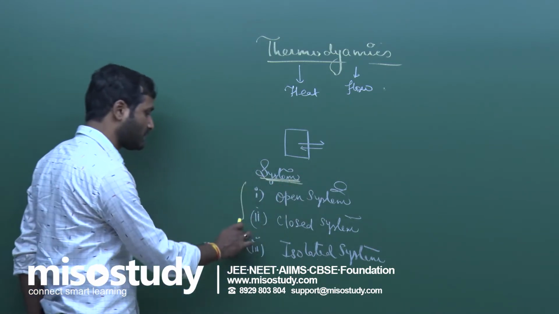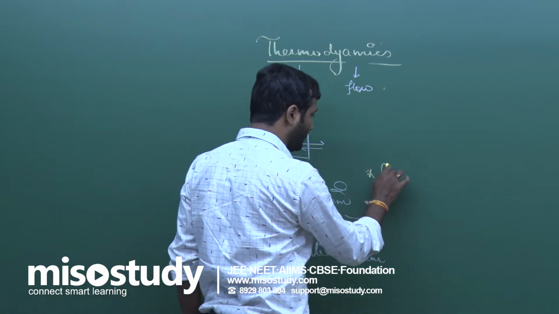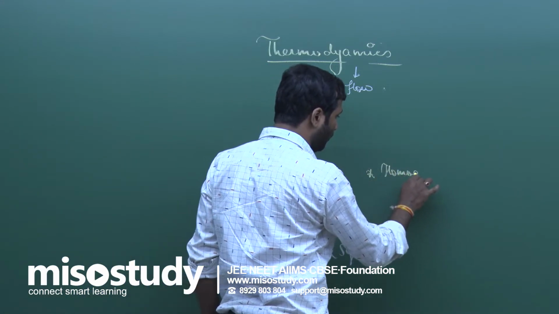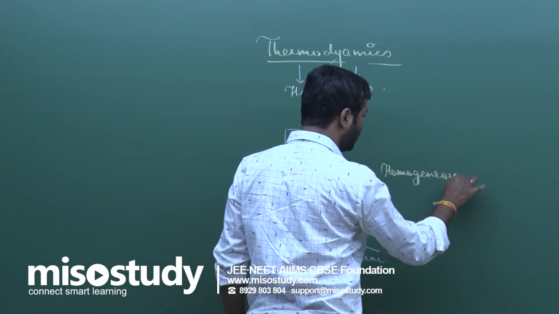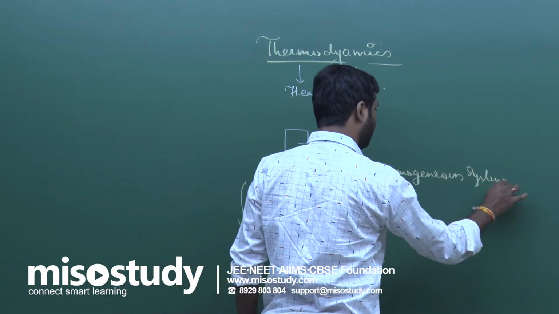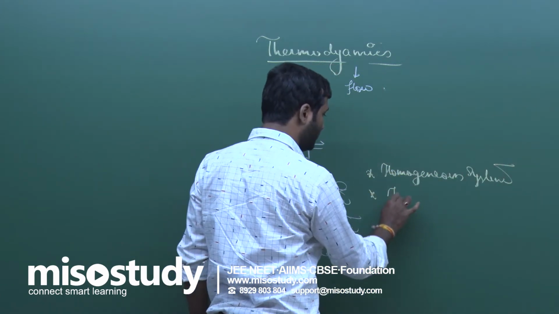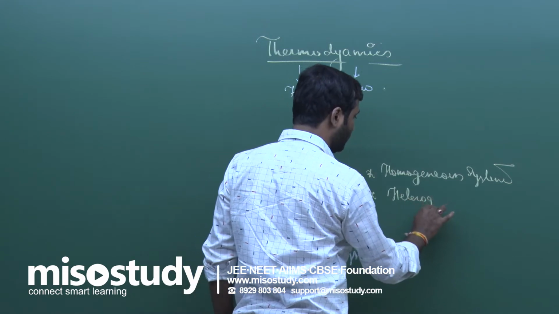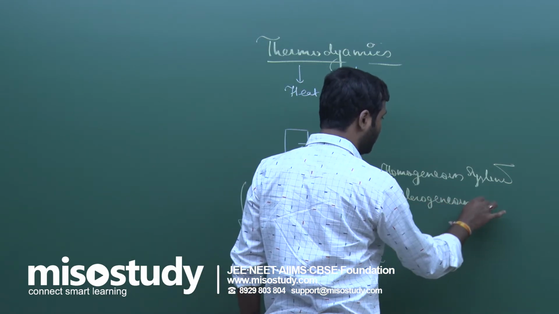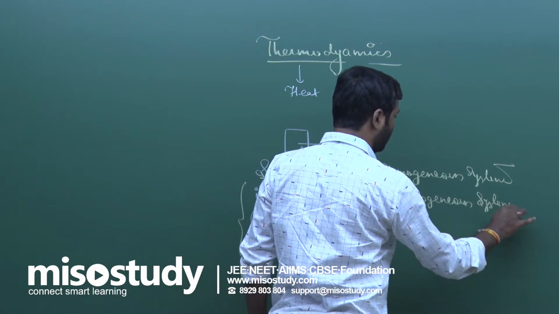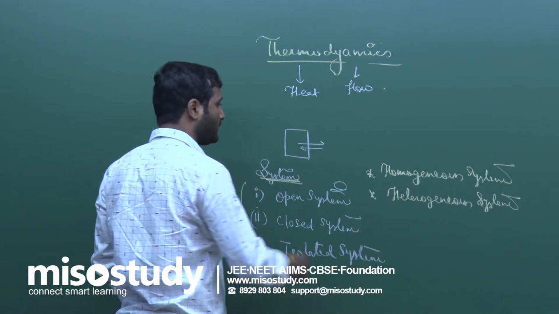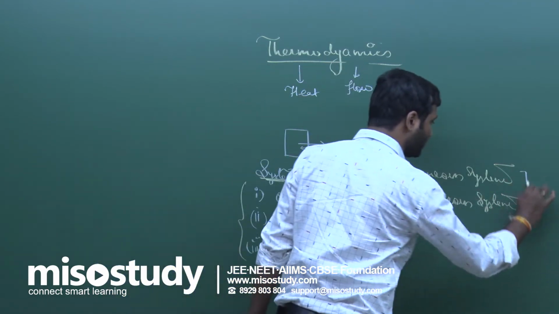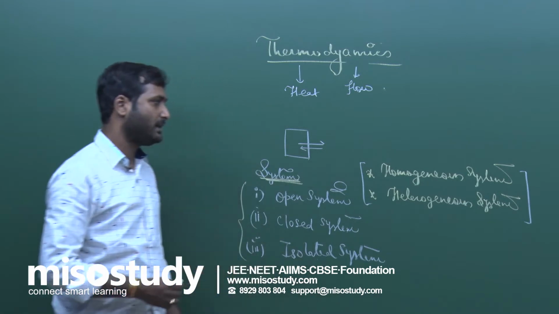Besides these, there are two more systems: first, the homogeneous system, and the second one, the heterogeneous system. We have two systems, homogeneous and heterogeneous.